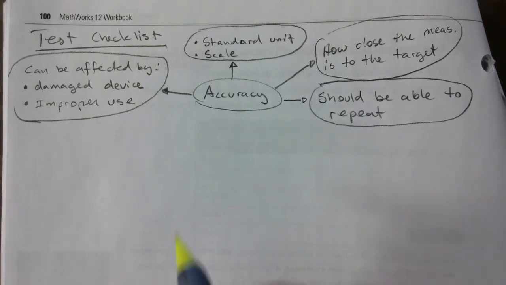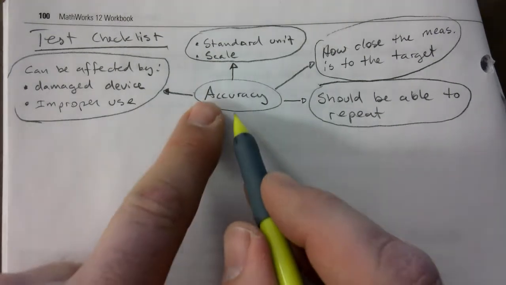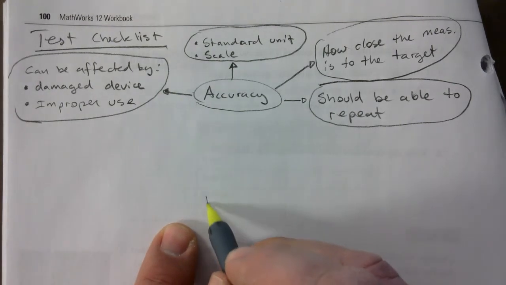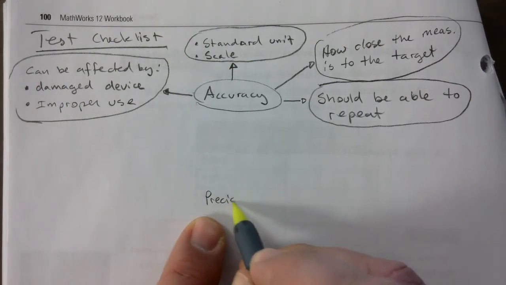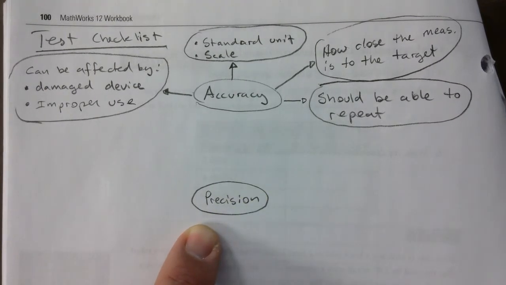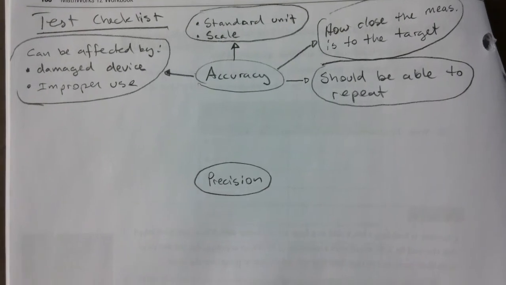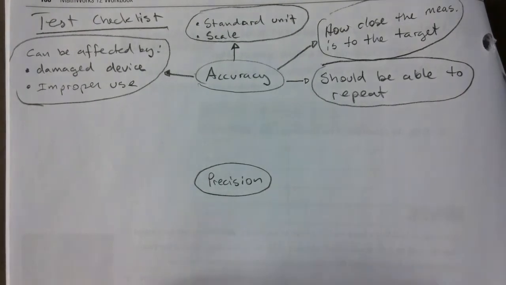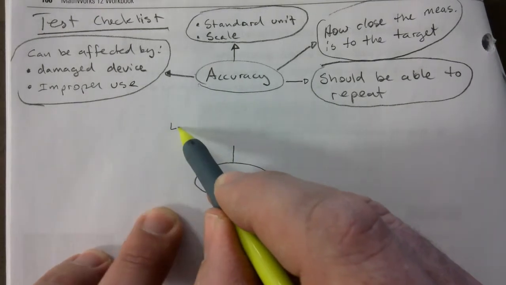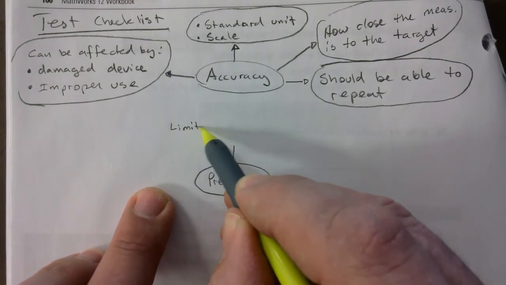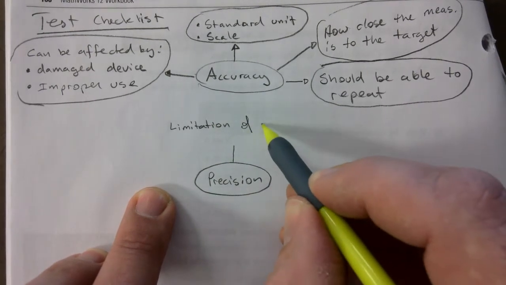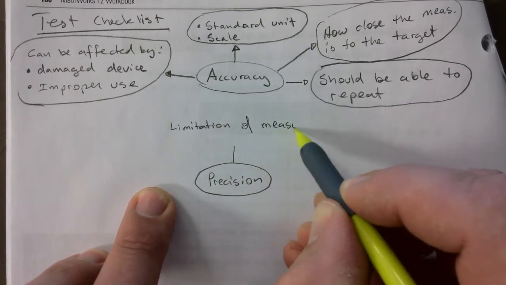And then we have precision. So I'll go a little lower, maybe right about here. It's basically the limitation of the measuring device.